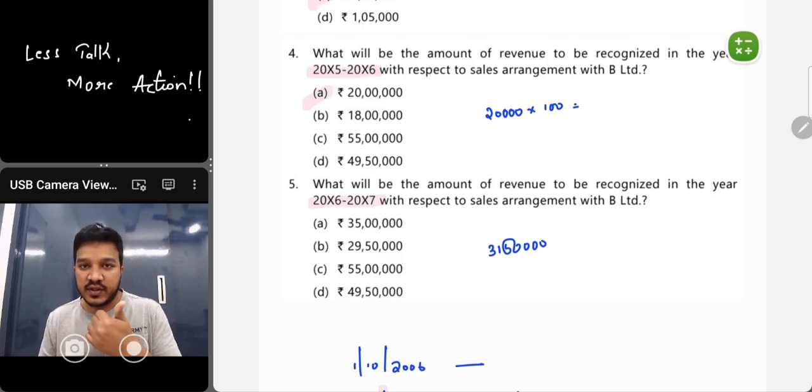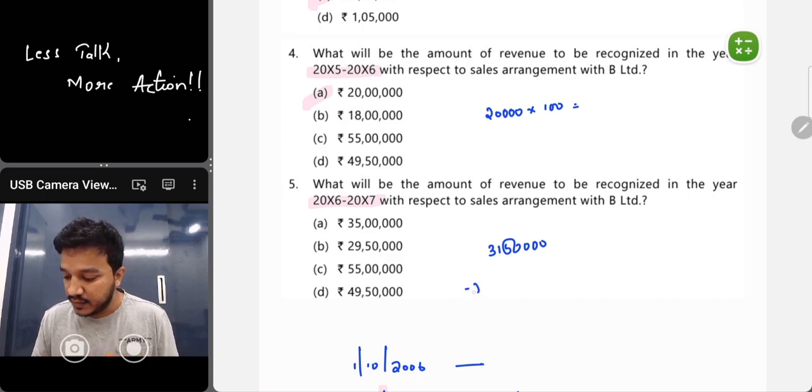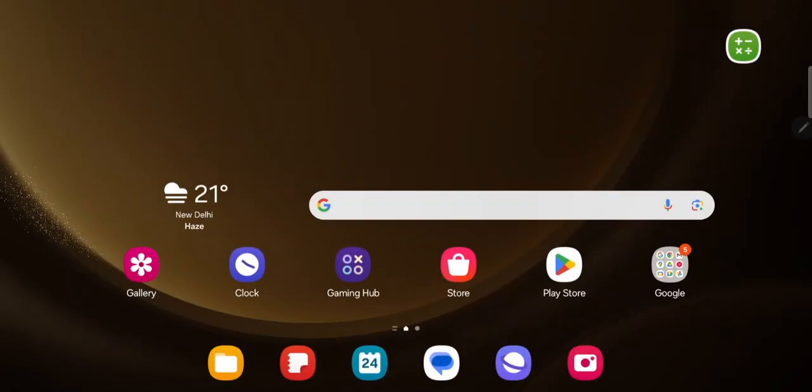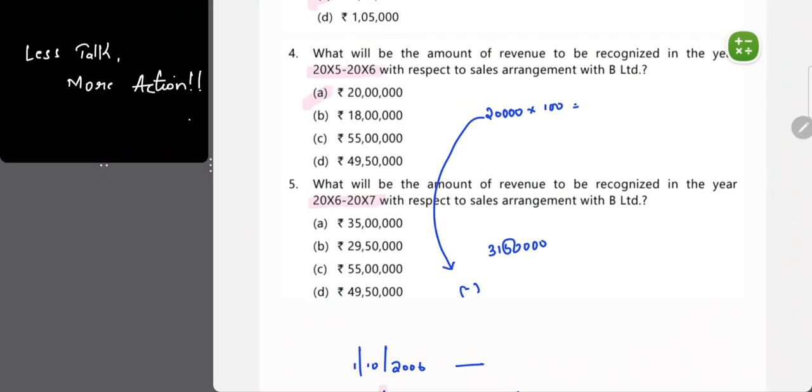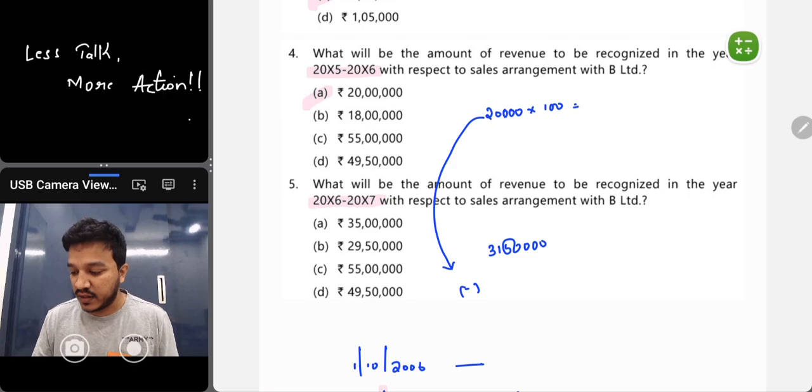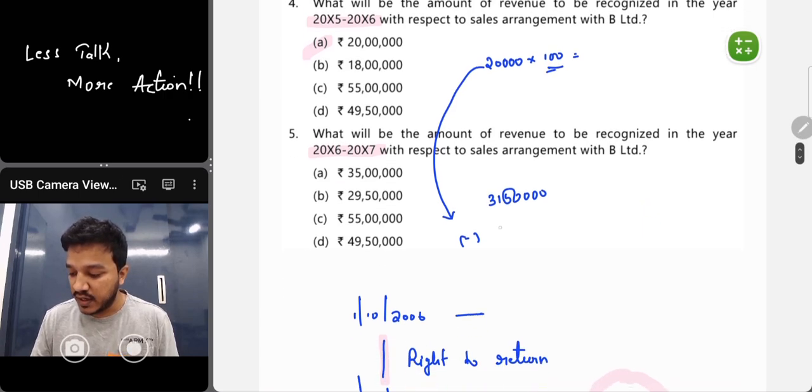But here we also have to give a retrospective adjustment of 10 rupees, because we recognized the earlier units at 100. For 20,000 units, 10 rupees adjustment, that is 2 lakhs.